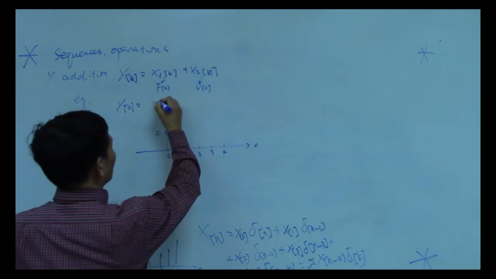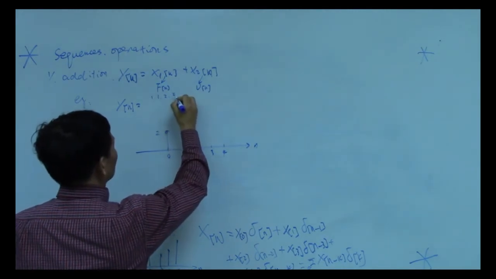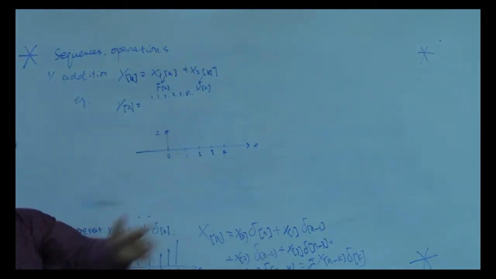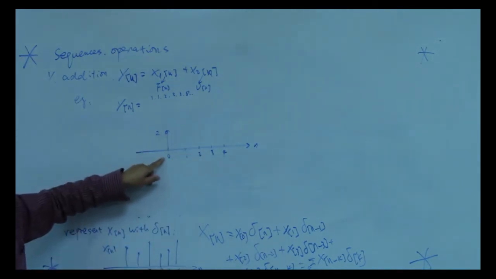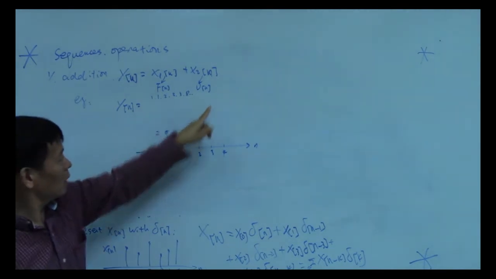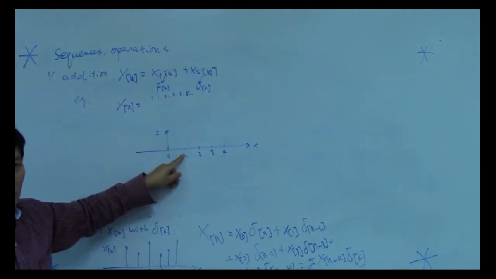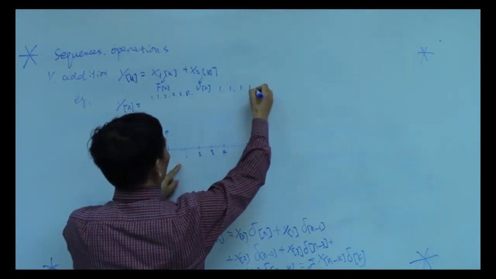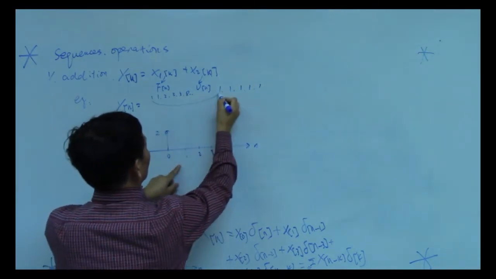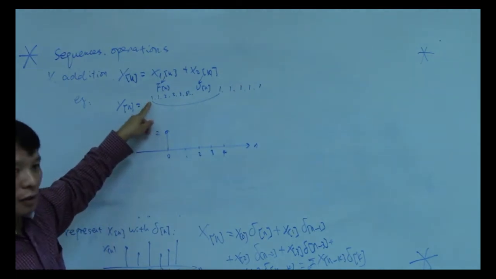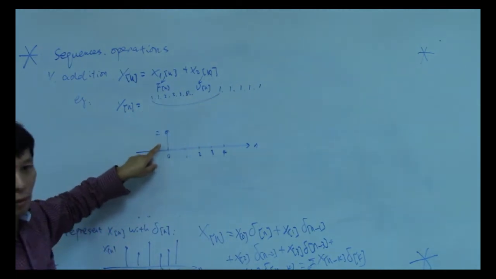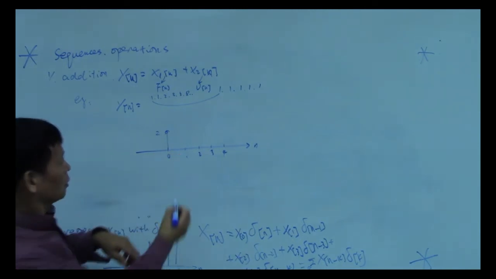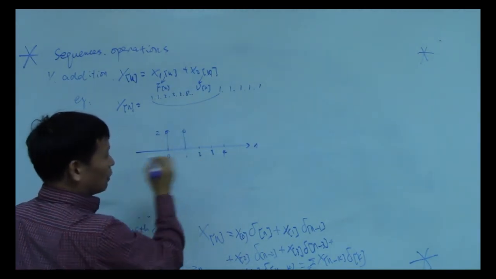This one equals 1, 1, 2, 3, 5, 8, and so on. This one you know that, right? This one equals 1, 1, 1, 1, 1. So what is here? 1 plus 1 equals 2. So the first one, when n equals 0, this 0 plus this 0, equals 2. How about this? 2, still 2. How about when n equals 2? 4.